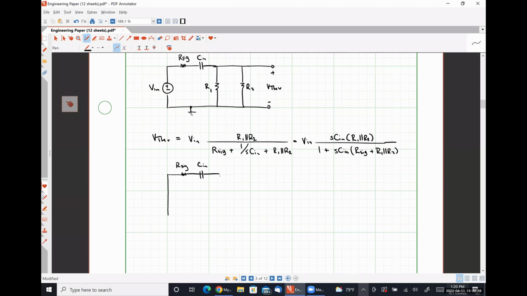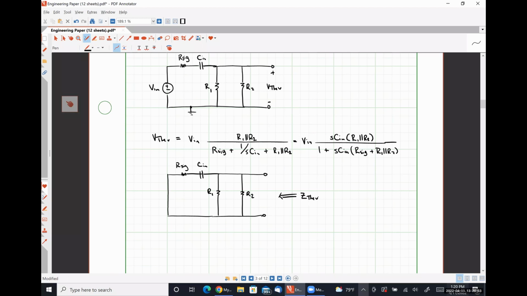Here we have Cn. Here's R1. Here's R2. Here's our Thevenin impedance. What do we see? Yeah, R1 in parallel with R2 in parallel with a series combination of those guys.